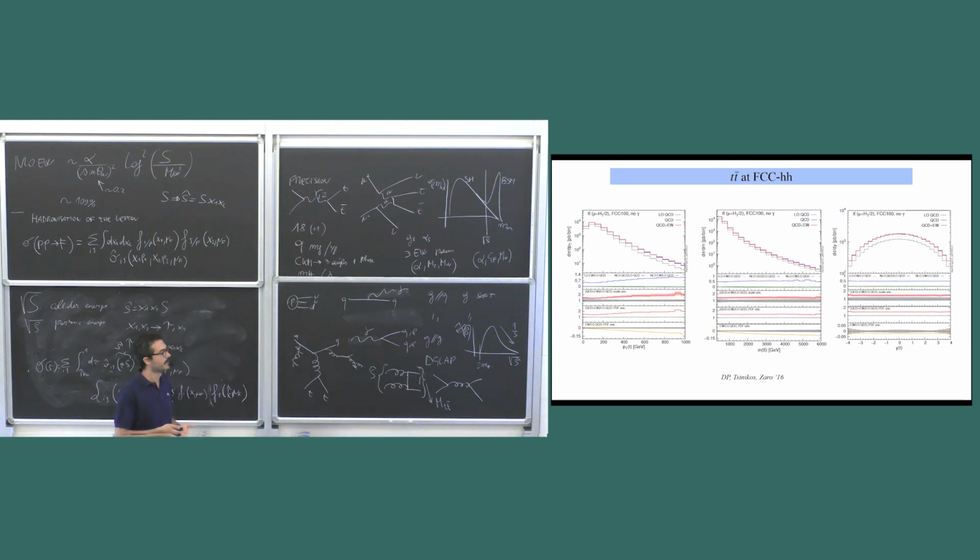So obviously, if you put a cut, and say I want invariant mass above 4 TeV, you will have many more events in a 100 TeV collider than in a 14 TeV collider. But this is another story. It's not changing the shape of the distribution. It's really changing especially the normalization.